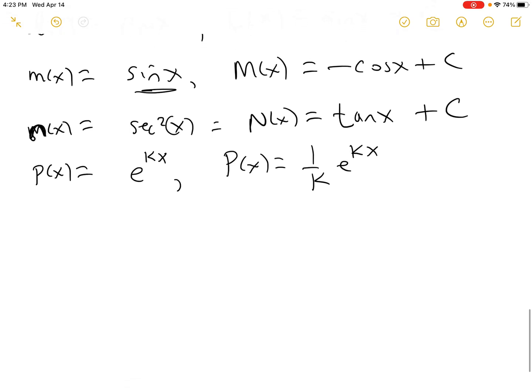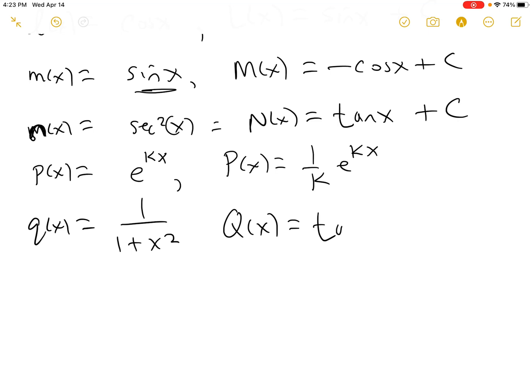See what else here? q. What if q of x is 1 over 1 plus x squared? What function has this derivative? Well, it's tan inverse.